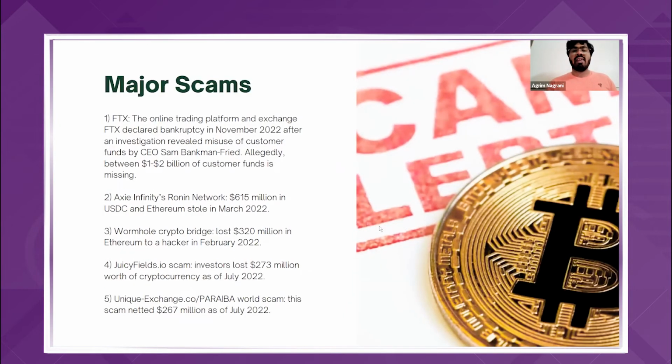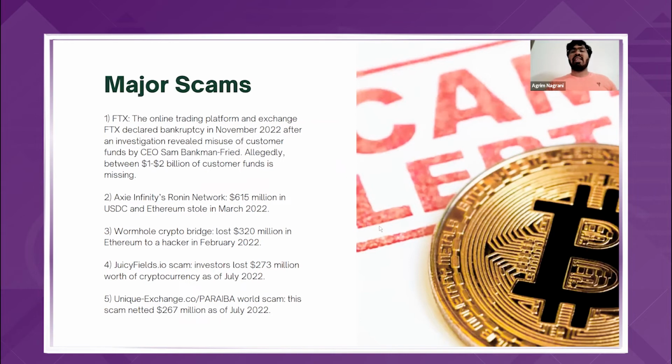Before discussing rug pull, we will discuss some of the major scams which happened in 2022, starting with FTX. As we all know, FTX was a cryptocurrency exchange platform, an online trading platform, which went bankrupt in November 2022.